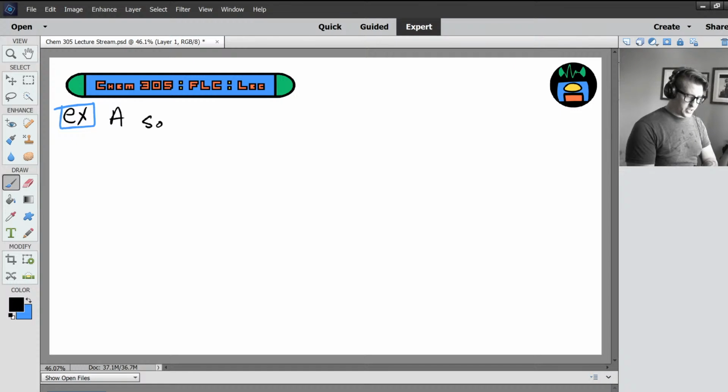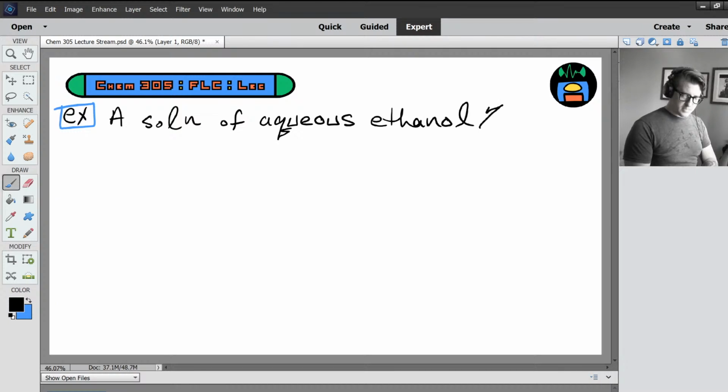A solution of aqueous ethanol has a percent by volume of 40.0%.